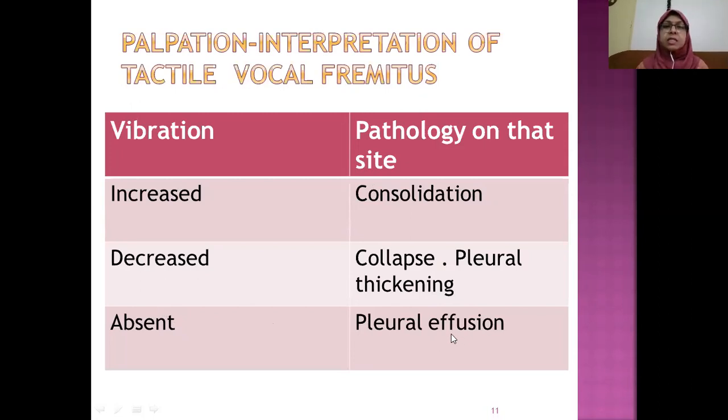Actually, I'm just talking about the conditions, and you have to do it practically at the bedside, and inshallah we will do it after the crisis is over.